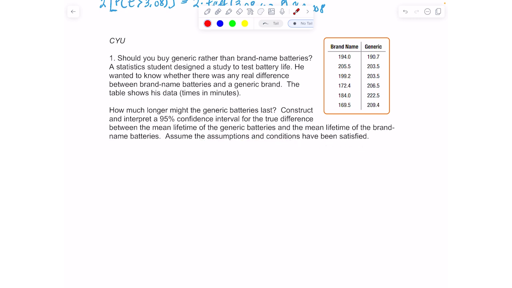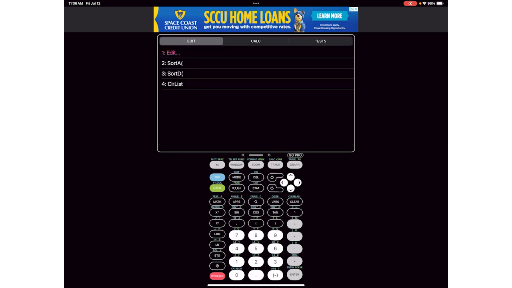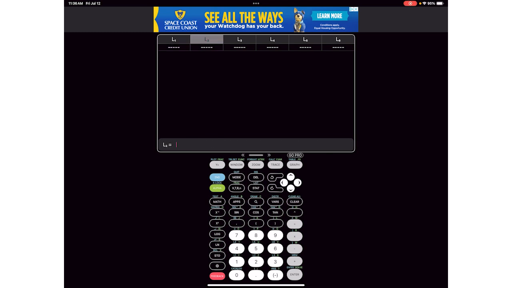So here you're missing the statistics, so we're gonna have to find them. So you're gonna have to make sure you go on your calculator and you're gonna enter the data there. Okay, and to do that, remember you're gonna go into stat and then click enter. Right now I have data in there, so to delete it, I'm just gonna scroll up to L1 and hit clear, hit down, and then scroll over to the right, do the same thing for L2, hit clear, hit down, and then go back over to L1.